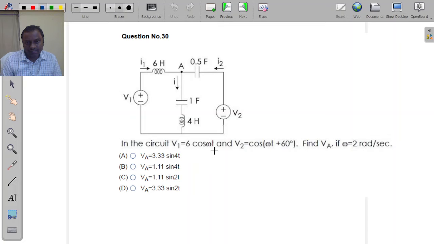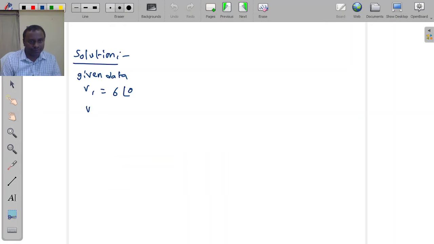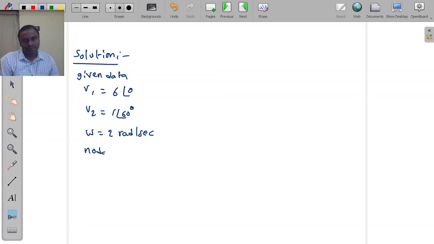V1 is 6 angle 0, V2 is 1 angle 60 degrees, and omega is 2 radians per second. By applying nodal analysis we are in a position to find the node voltage.